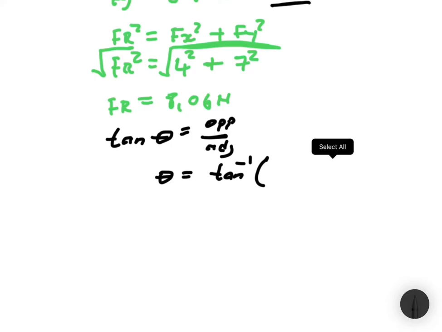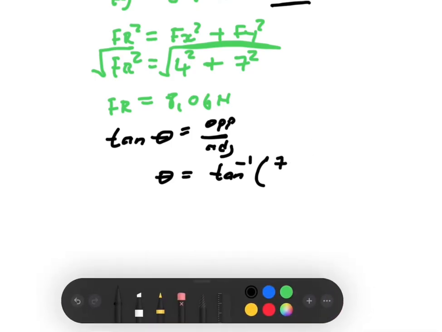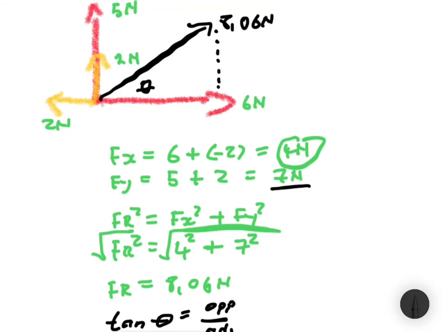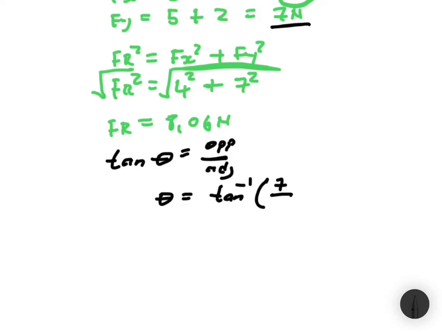So we can go ahead and put that, right? And then the adjacent is the x, right? It is adjacent to our angle of interest. So that will be 4, right? And now it's just a matter of putting that in our calculator. So if we do that, we have 7 divided by 4, and I'm getting an angle of 60 degrees, right?